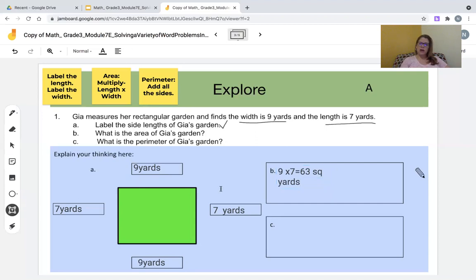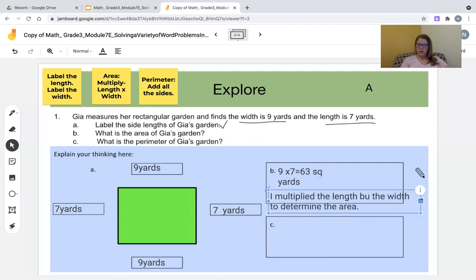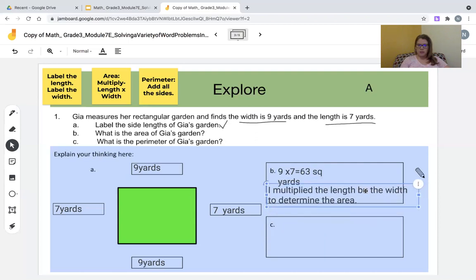I'll make sure to write a clear answer statement to show my thinking. I multiplied the length by the width to determine the area. And I'll place my thinking inside the thinking box.